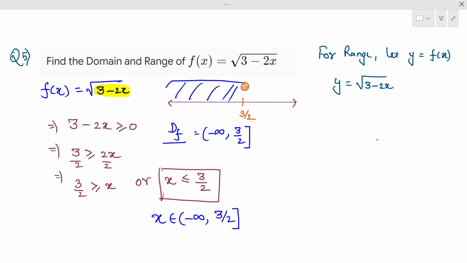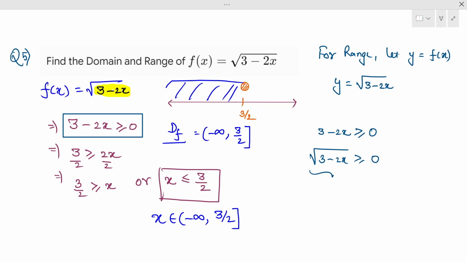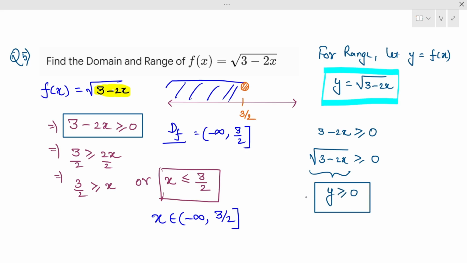So now we know the square root function is always positive, which means that since 3 minus 2x is greater than or equal to 0, the square root is always positive, and this is y from here. So y should always be greater than or equal to 0, right?